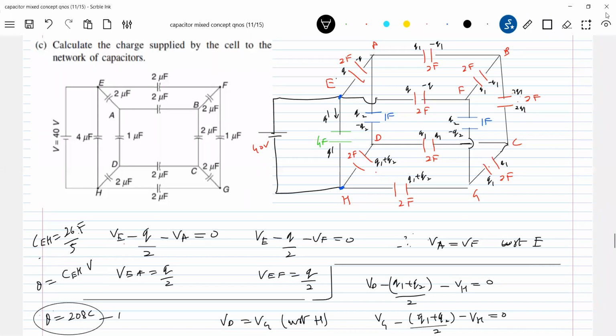You have to read all the circuit. A simple series parallel will come, of course, here.